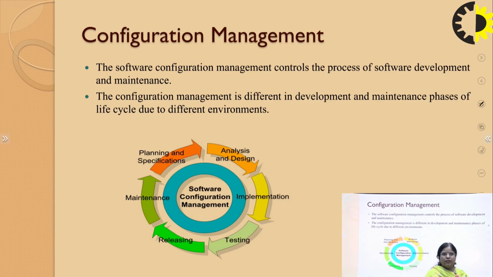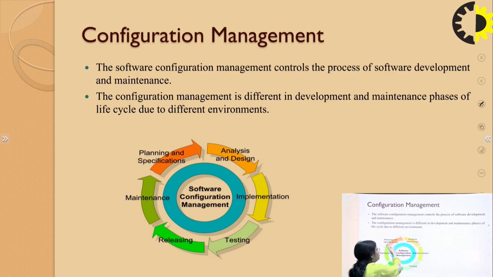But configuration management is different in the development and maintenance phases of the life cycle, due to the different environment of the two phases. Any software we can develop with the help of these phases. The first phase is planning and specifications.